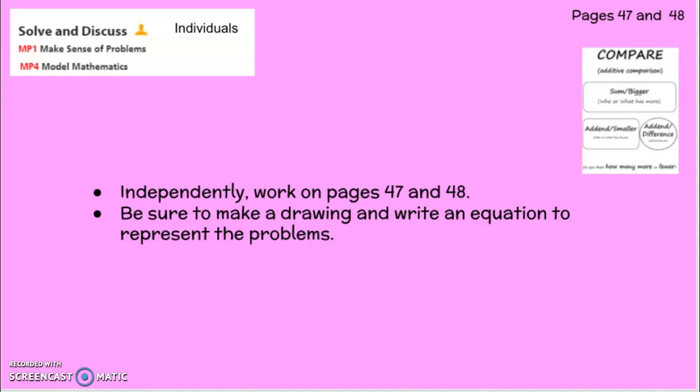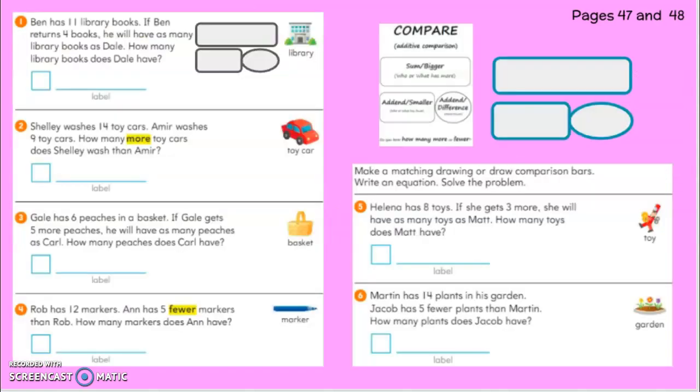So now you can work independently on pages 47 and 48. Be sure to make a drawing and write an equation to represent the problems. And because we're doing compare problems now, this is how our paper should look.